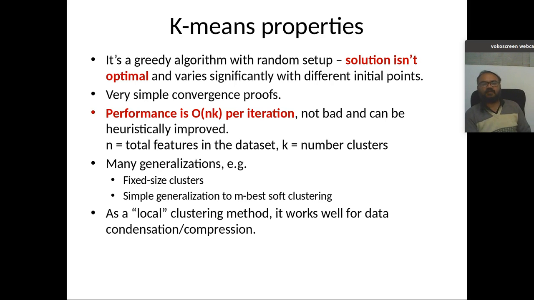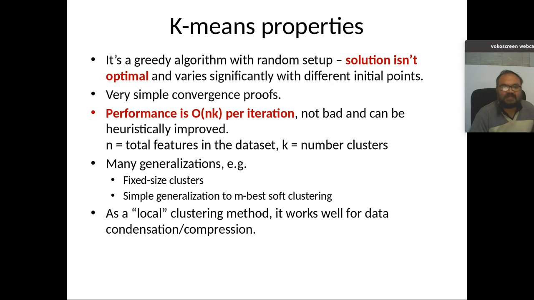K-means is a greedy algorithm with a random setup, and the solution is not optimal because it's locally optimal, not globally, and it varies significantly with different initial points. So choosing initial centroids is very crucial for k-means. K-means is very simple and has a very simple convergence proof.